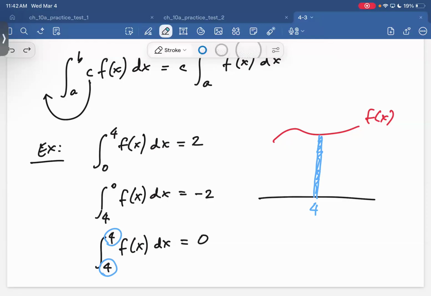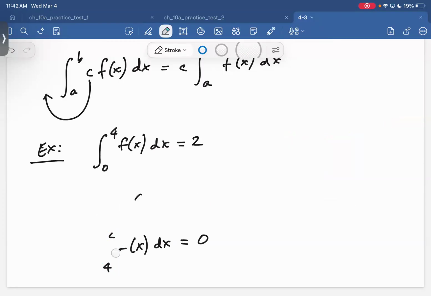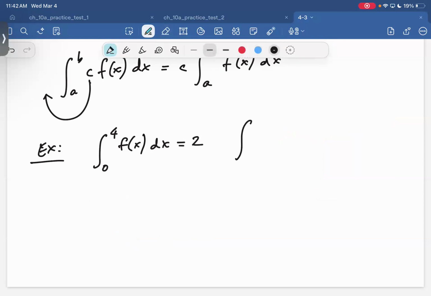Okay, so integrals can also be added. So for instance, if we were told that the integral of f of x between 4 and 6 is maybe like -1, then that means we can add these two integrals, right? Because that corresponds to a situation where we have 0 to 4 and then 4 and 6.